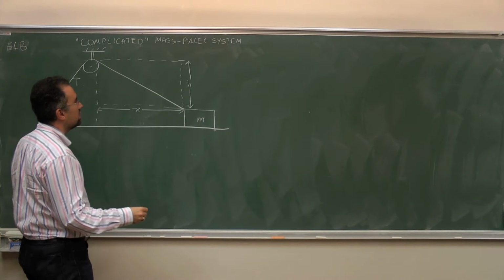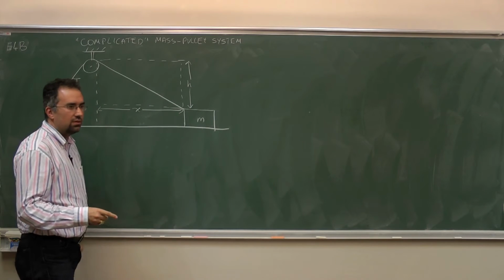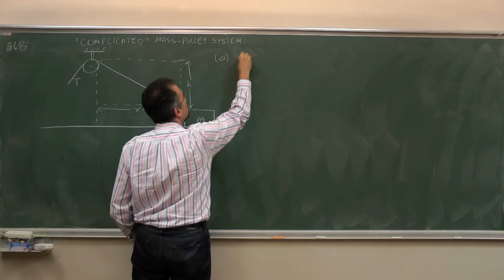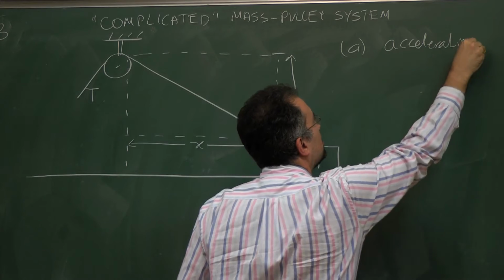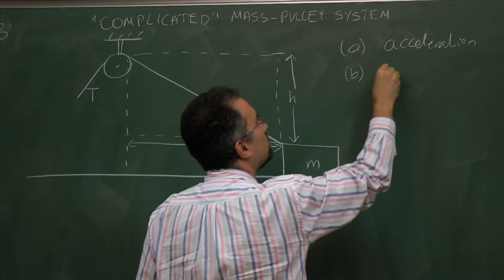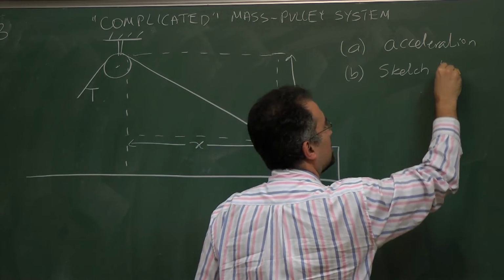What we're trying to find here is going to be the acceleration. So in part A, we're asking for the acceleration. In part B, we'll try to sketch the acceleration again.